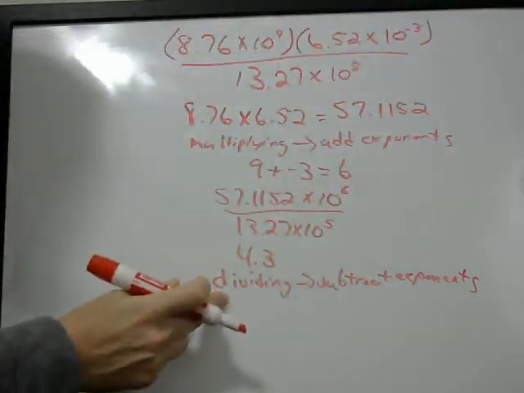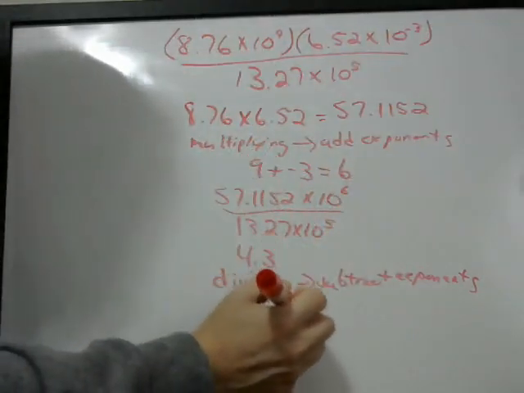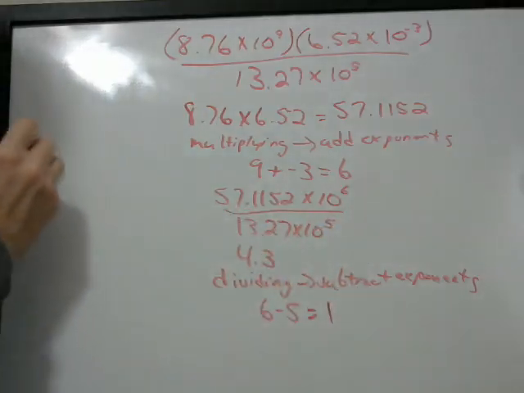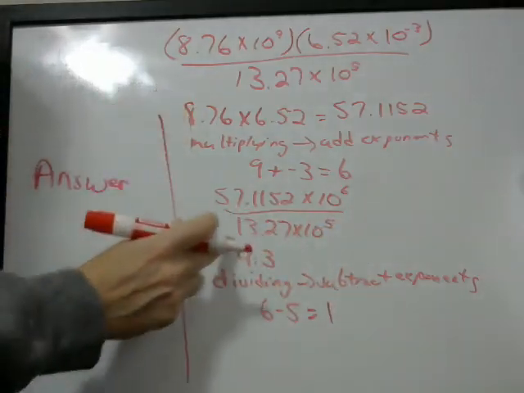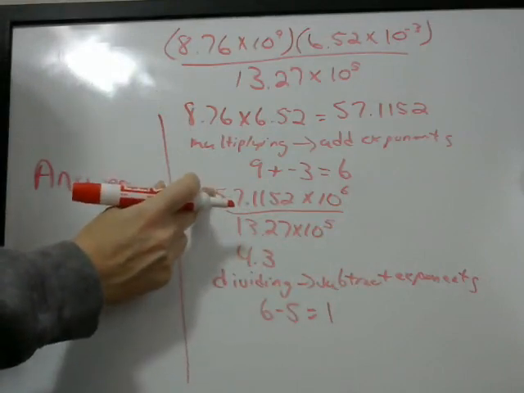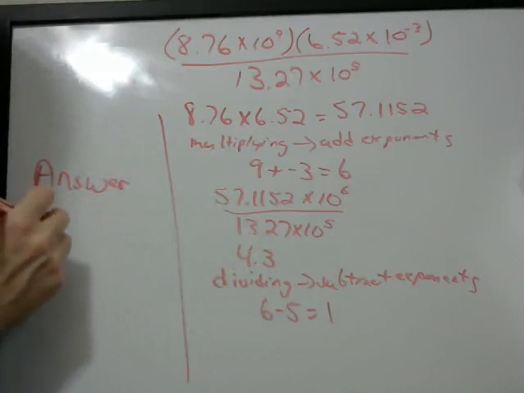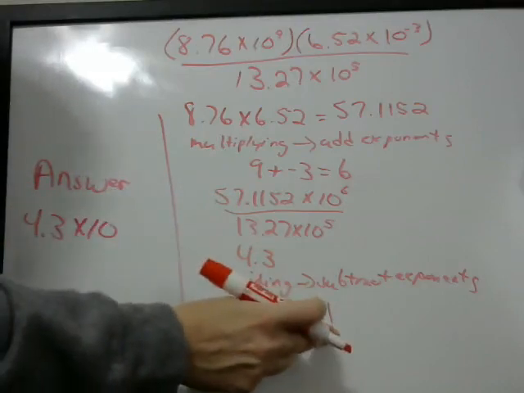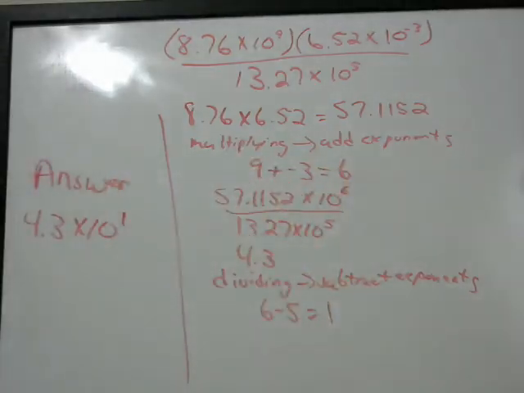When you're dividing, you're going to subtract. So this is going to be 6 minus 5, because here we have a 6, here we have a 5. 6 minus 5 is 1. So our answer is 4.3, because 57.1152 divided by 13.27 was about 4.3. It's a long number, but it's about that. Times 10 to the 1. 6 minus 5 equals 1. So that's our final answer for this problem.